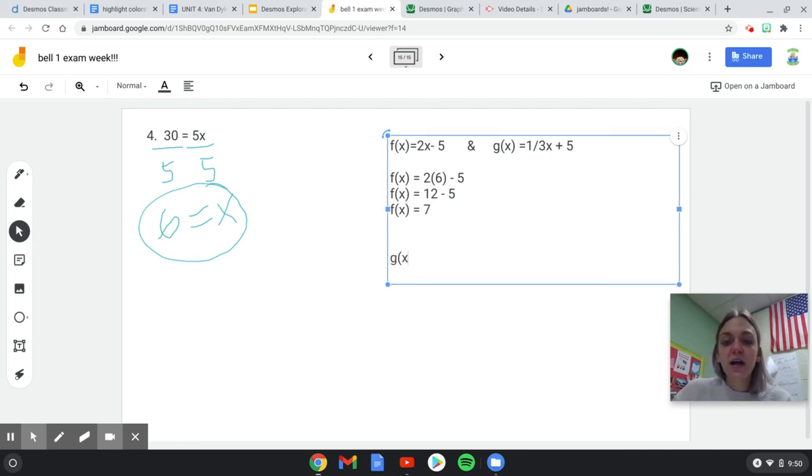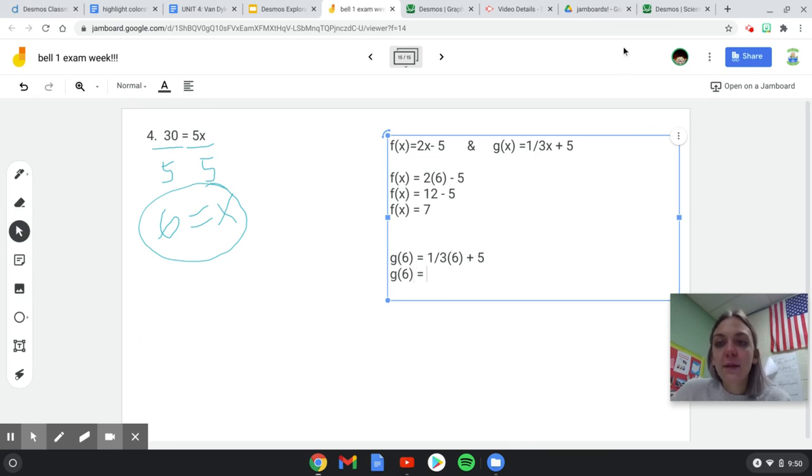And I'm just going to double check this with g of x. So I'm going to put in a 6 here because that's what my x value is. I could even write this as g of 6, throwing in some function notation, plus 5. So I'm going to go back to Desmos.